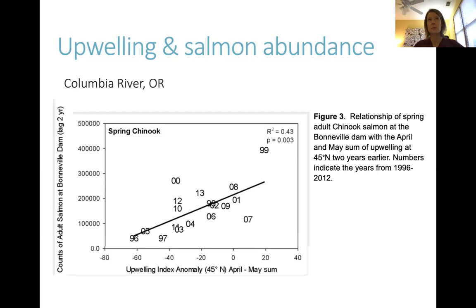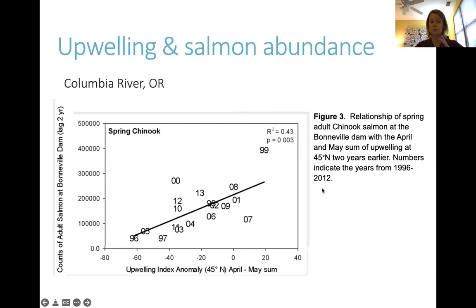The goal of the assignment, if you go to the assignments page, you'll find the upwelling and salmon abundance assignment. You are going to interpret what this graph is showing. This is similar to a question I would ask on an exam to interpret the data that is being shown. I'm not going to go into detail about what this is other than Chinook, or salmon. It's a species of salmon, which you can see here. You can read the figure caption to help explain what the graph is showing, but I want you to explain it in your own words.